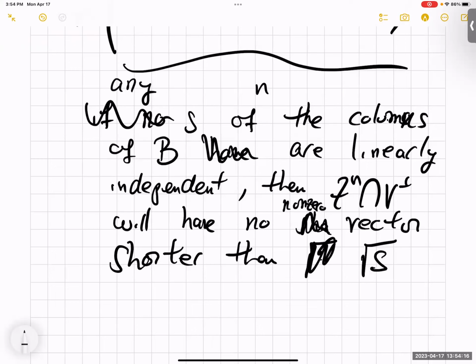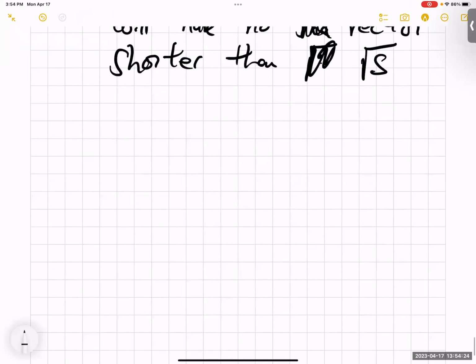But I should have probably said item 5 first, which is a stronger inductive hypothesis. So maybe this is the notation. We're going to prove the theorem not for Z to the n, but for any sublattice of Z to the n which has full rank.